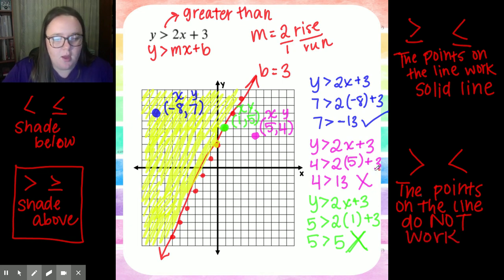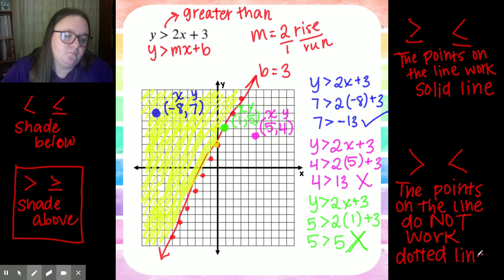We saw that here. This one doesn't have the equal to line. It was not true. It did not work. So when we have one of these symbols, we have to have a dotted line. So that is a very careful difference.